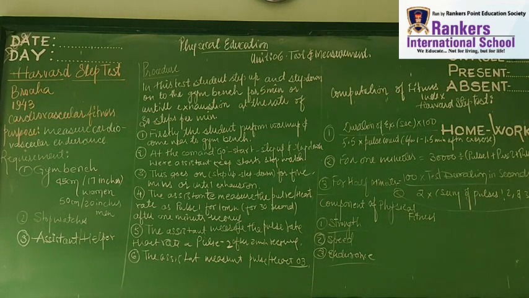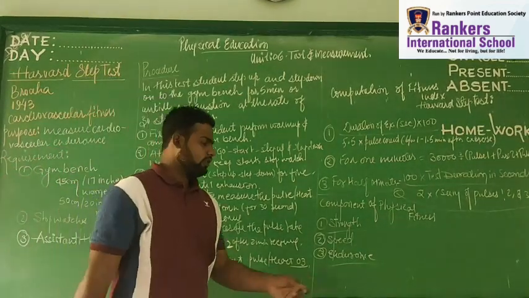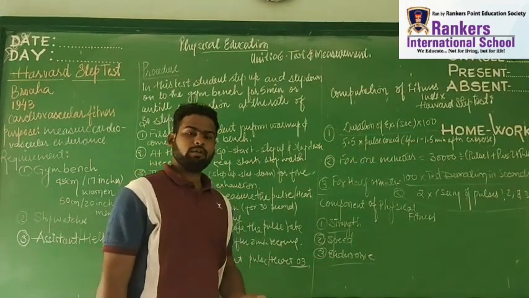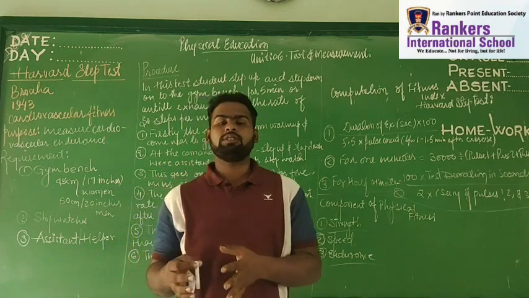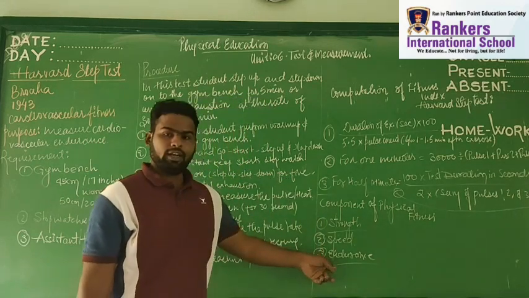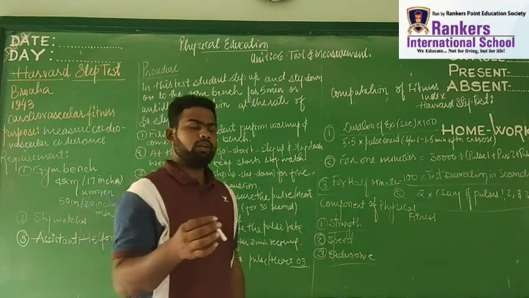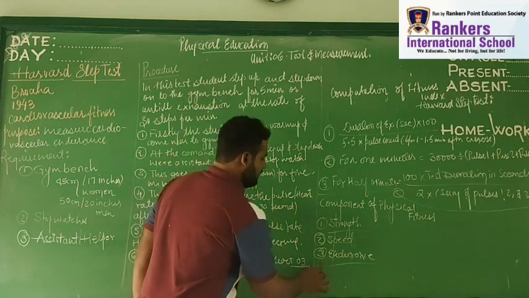Whenever we do a long-term activity, it is related to endurance, such as a 600-meter run, a cyclothon, or a marathon. After endurance, the next thing is flexibility.